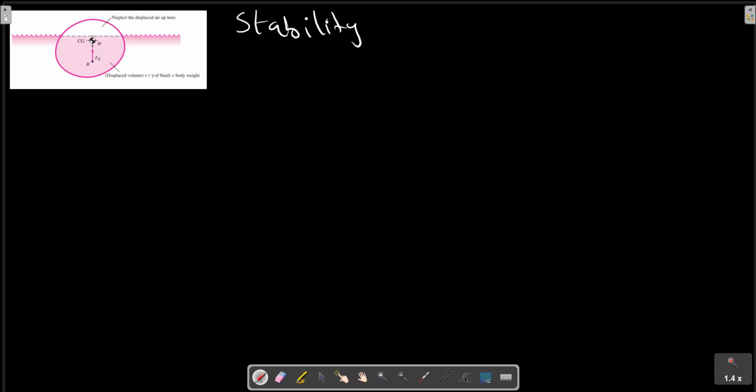Engineers must design to avoid floating instability. The only way to tell for sure whether a floating position is stable is to disturb the body a slight amount mathematically and see whether it develops a restoring moment that will return it to its original position. If so, it is stable; if not, unstable.